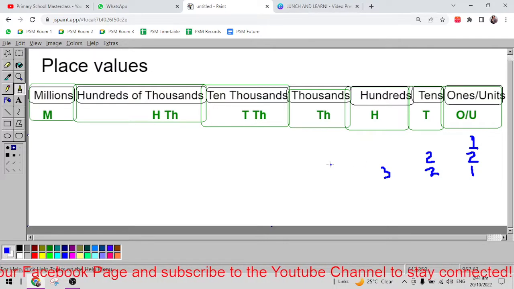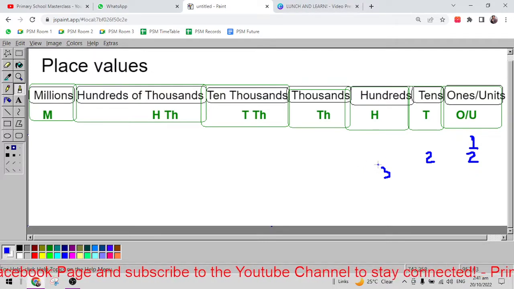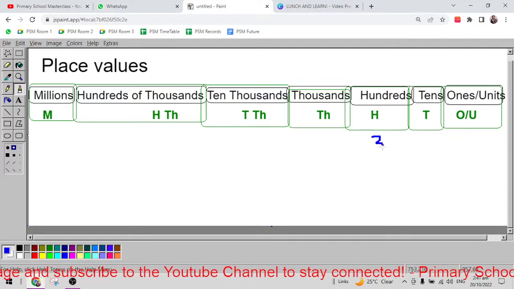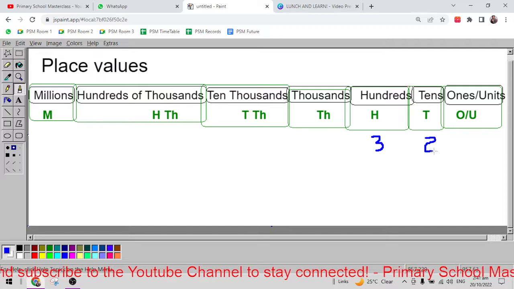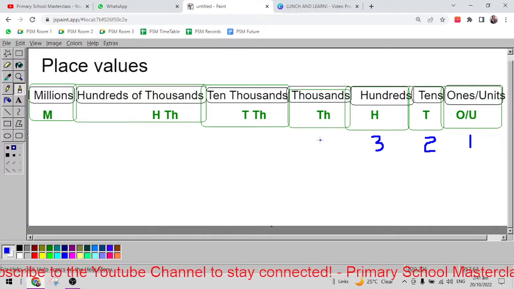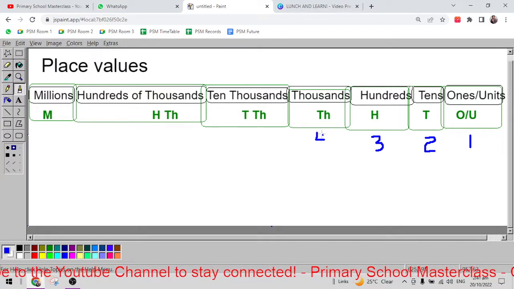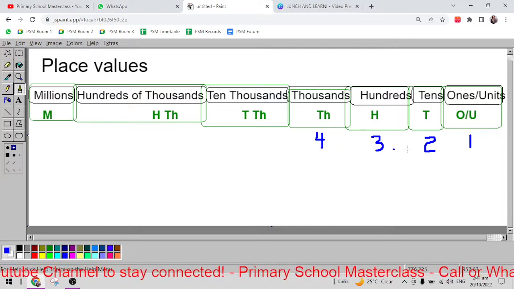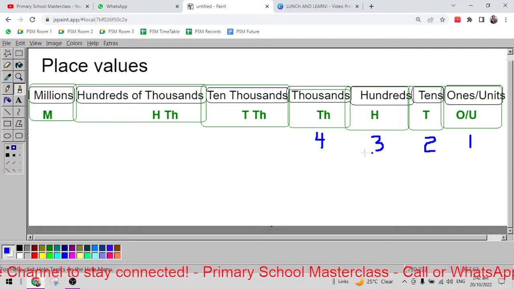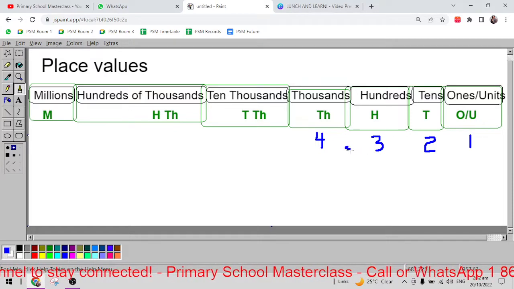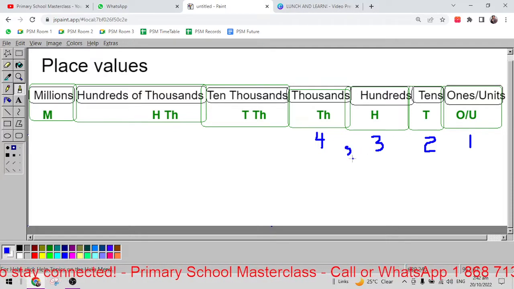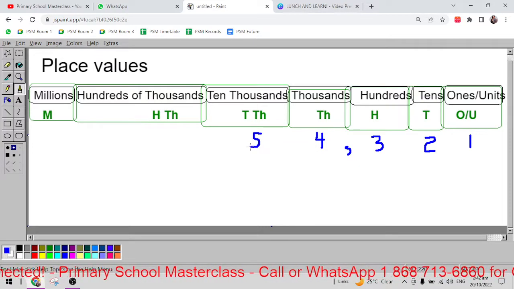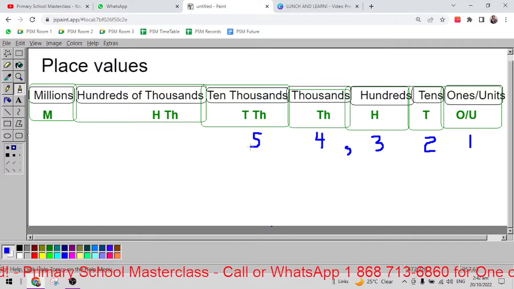If I wanted to extend this number, let's say we have 321, this number is now going to become 4,321. Some students like to put a little comma here. That's okay. This number here is now 54,321.